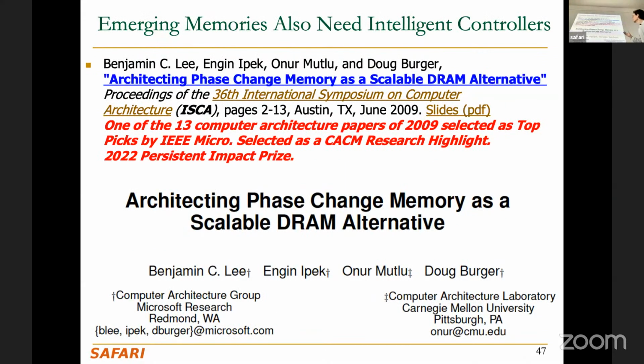Also, other examples of intelligent controllers you can find in emerging memory technologies, such as phase change memory. This is a paper from 2009 that has received a lot of recognition and awards, as you can see, because it was really seminal in the study of PCM memory. This PCM memory, in fact, became a reality a couple of years ago with the Intel Optane memory that you may have heard of.